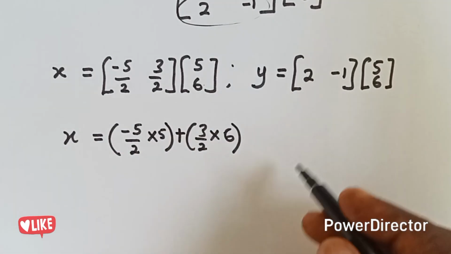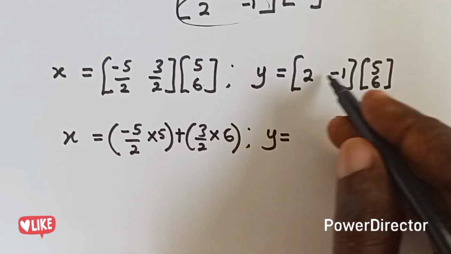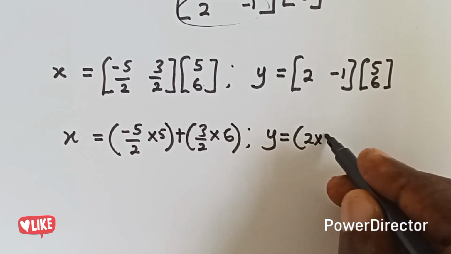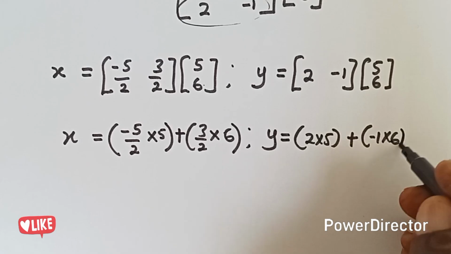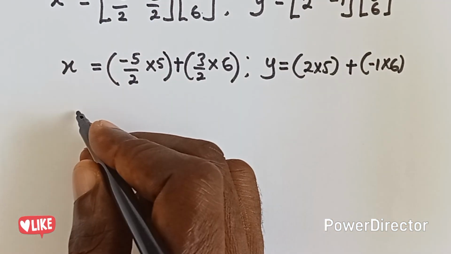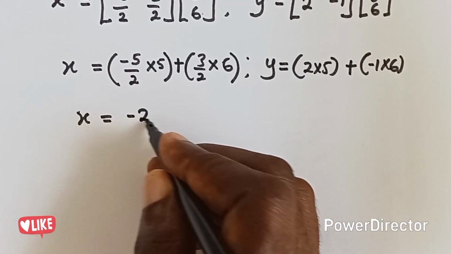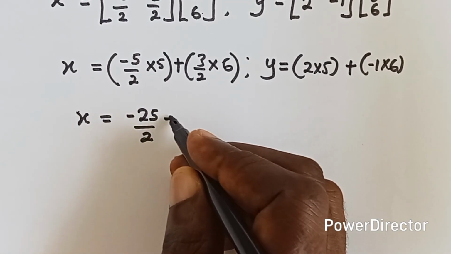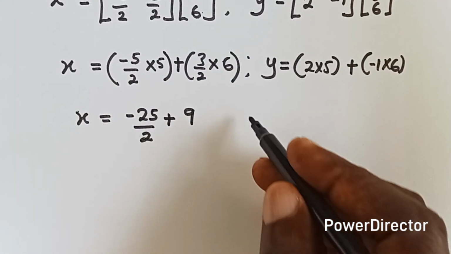And for y, we are doing the same: 2 times 5 plus minus 1 times 6. This gives us minus 5 times 5, that is minus 25 over 2, plus 9.